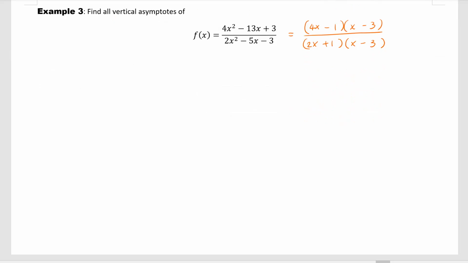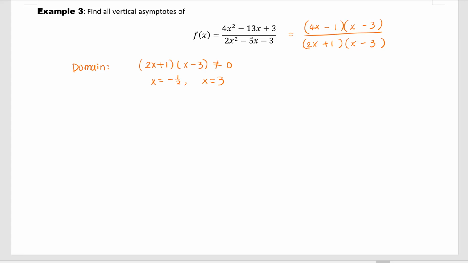Okay, so after we factored, we want to find the domain. What is the domain? Well, the denominator does not equal 0. So that is x equals minus 1/2, x equals 3.